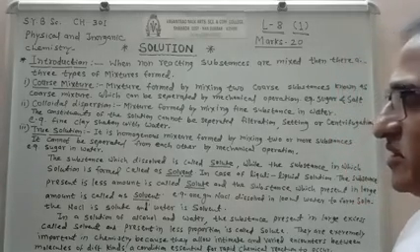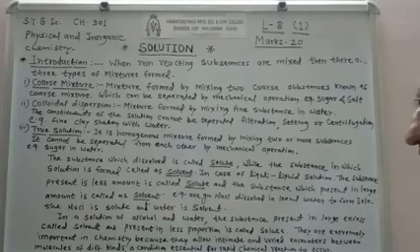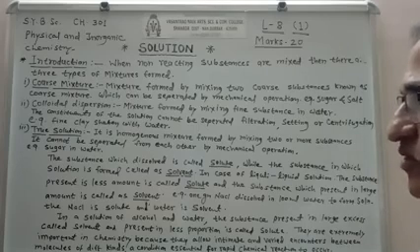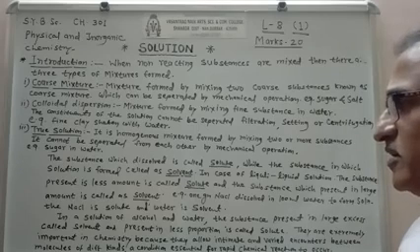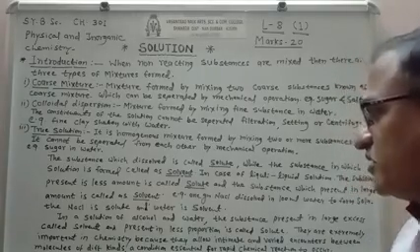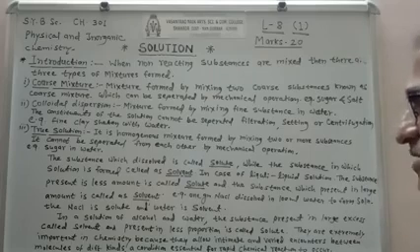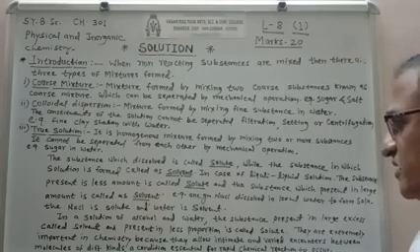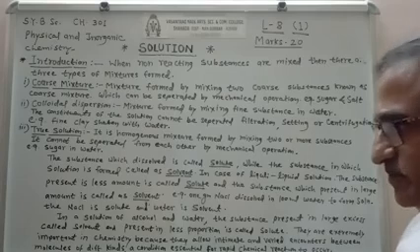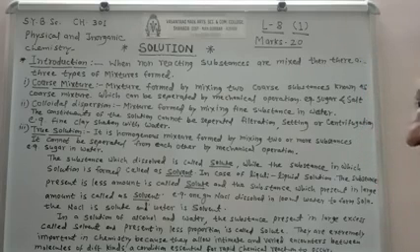So here the amount of substance plays the main role. For example, 1 gram of NaCl dissolved in 100 ml of water forms a solution. So here NaCl is solute and water is solvent.